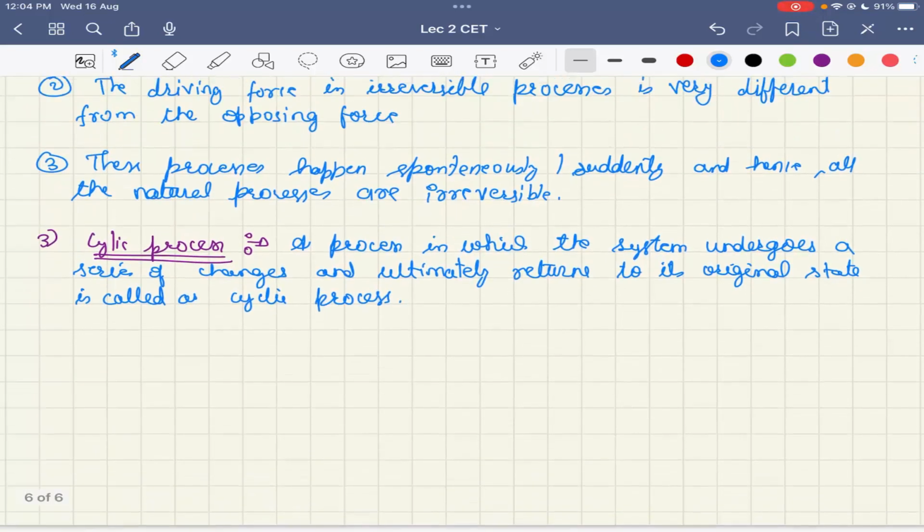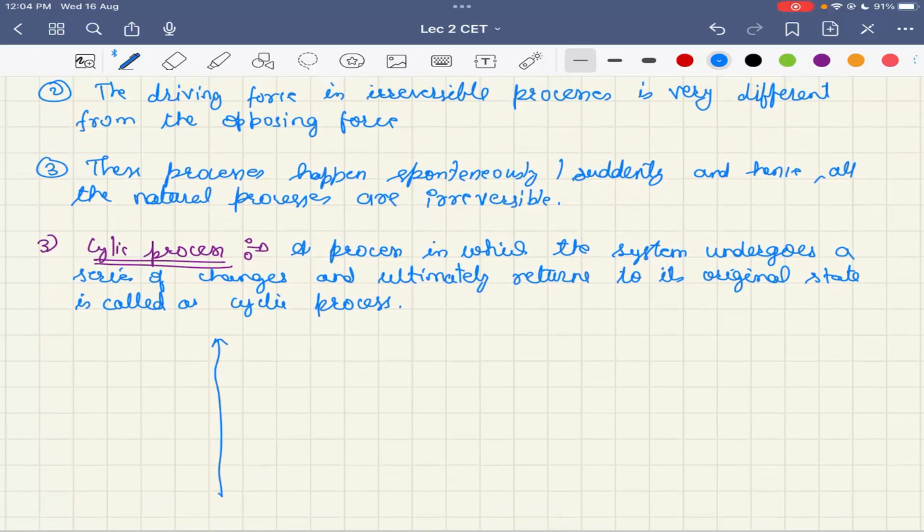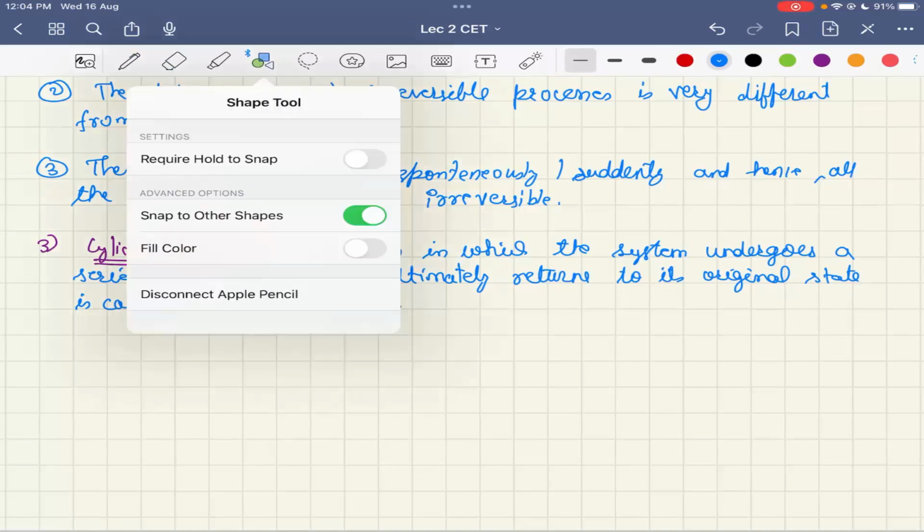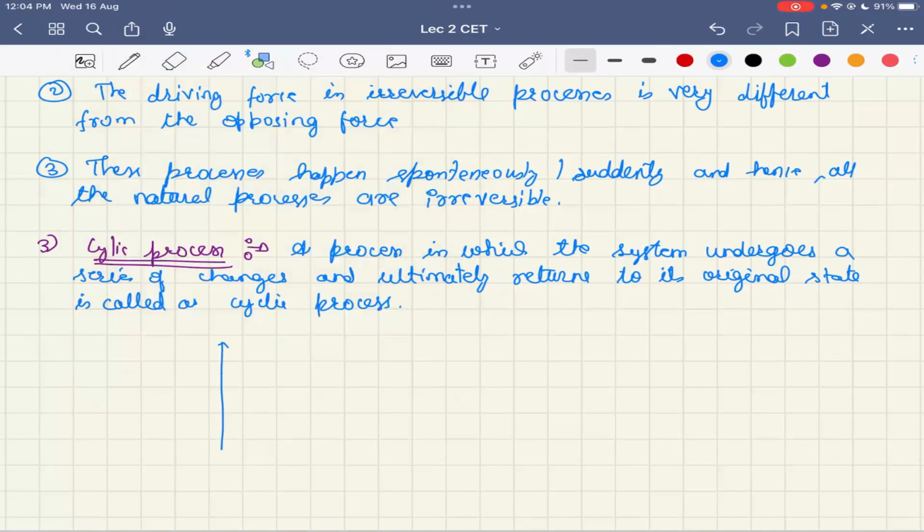For example, let us consider a process like this. Let us assume this represents pressure and volume.